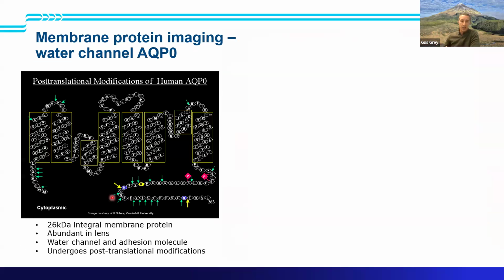So the other protein that we've looked at a while back in an intact mode is aquaporin 0. This is an integral membrane protein, relatively small at 26 kilodaltons, and also very abundant in the lens. And we think that it acts both as a water channel, but also as a cell adhesion molecule, but it also undergoes extensive post-translational modification.